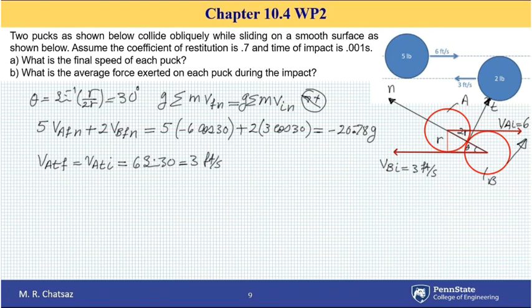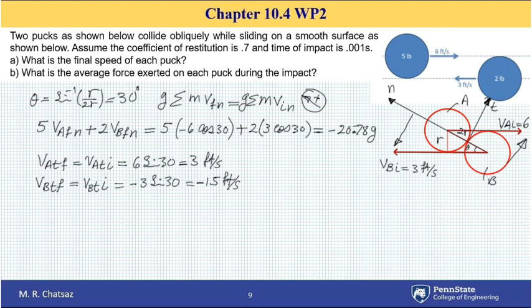Similarly, for ball B, I can write the same thing. The final velocity of B in the tangential direction is going to be the same as VB in the tangential direction initially. If I draw it in the t direction, it is negative, so I should write minus 3 sine of 30, which turns out to be minus 1.5 feet per second.